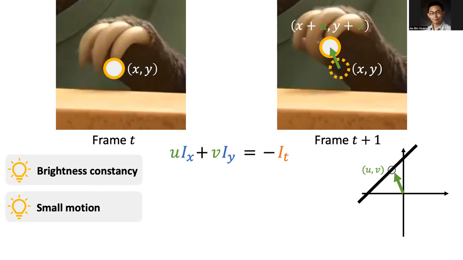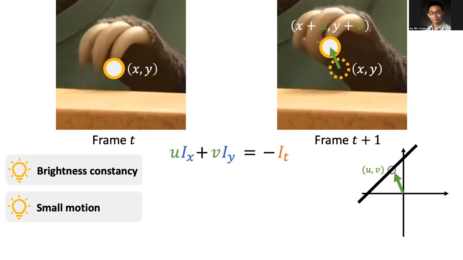So we are in a dilemma, right? Because if I look at a single pixel, I need to figure out the motion, that is u and v, that's two numbers. I have two unknowns, but it gives me only one equation. So I cannot solve a system of equations with one equation but two unknowns.